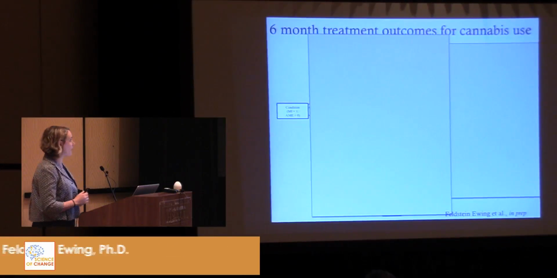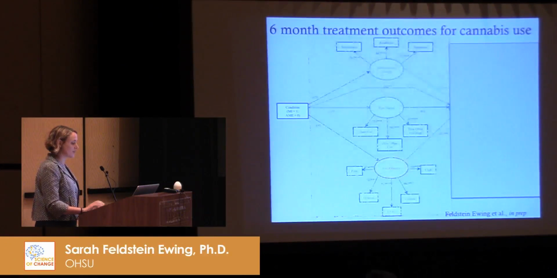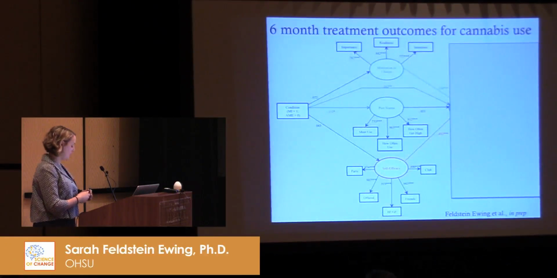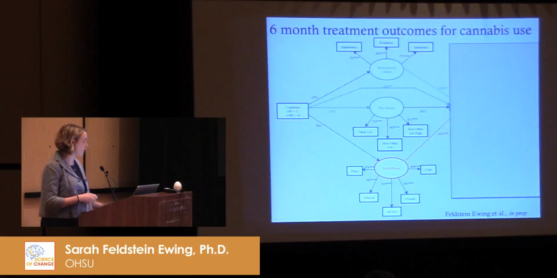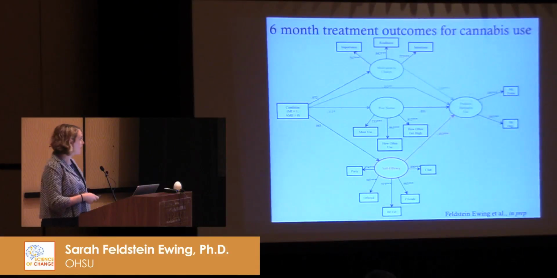Similarly, we took a peek at this for cannabis use, and again, you'll see here that there was some movement in the main proposed mediators, or motivation to change had some action, as well as self-efficacy. Too, we had treatment effects where MI led to reductions in peer norms in the right direction, but then you will see that that did not actually correspond with reductions in marijuana use.